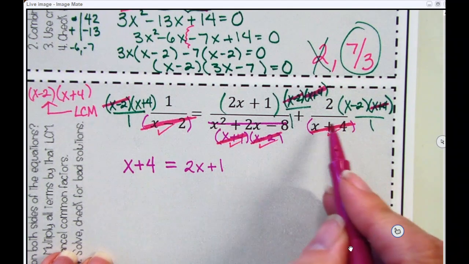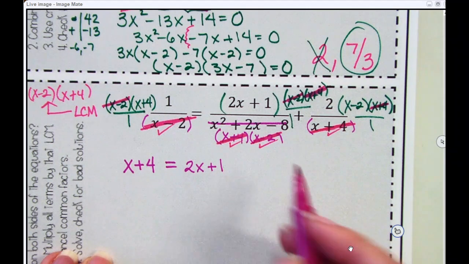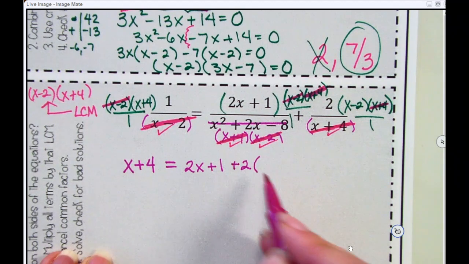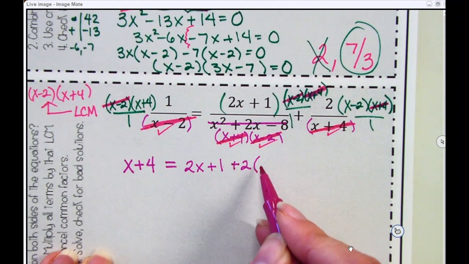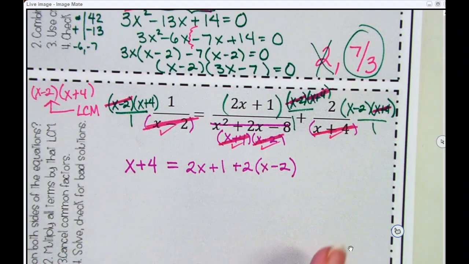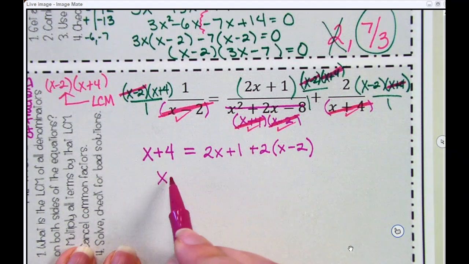Now over here it wasn't quite as friendly, but I am left with what? Plus 2 times x minus 2. Wow, this is feeling a lot nicer. All right, let's clean it up.